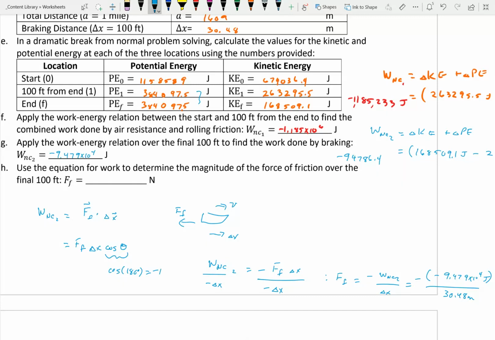Notice there's a minus and a minus, so the minus and a minus is going to make it positive. And that gives me a force of friction of 3,110 newtons. So that's how much friction had to be applied.